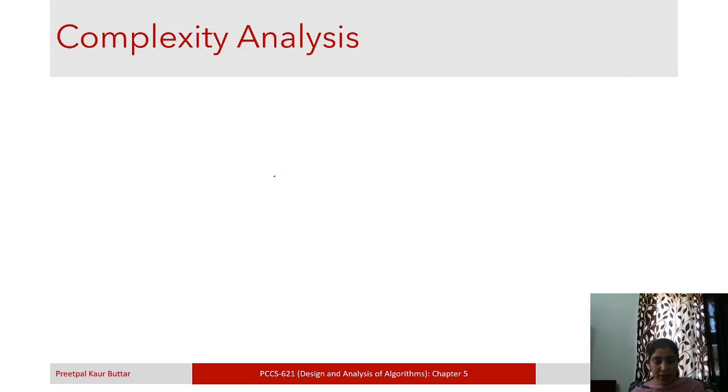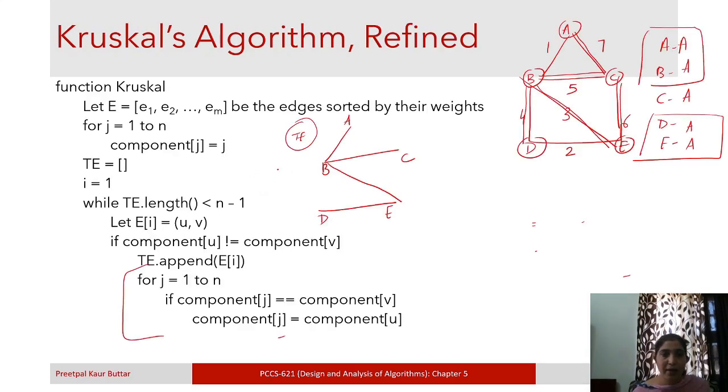Now if we try to analyze the complexity, let us go back. So here this is sorting and there are m number of edges, so the time it will take is m log m. Okay, and if we assume that maximum number of edges which are possible is equal to n square, where n is the number of nodes. Okay, so let us take log on both sides.